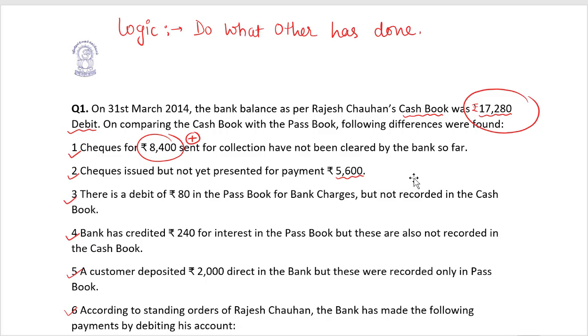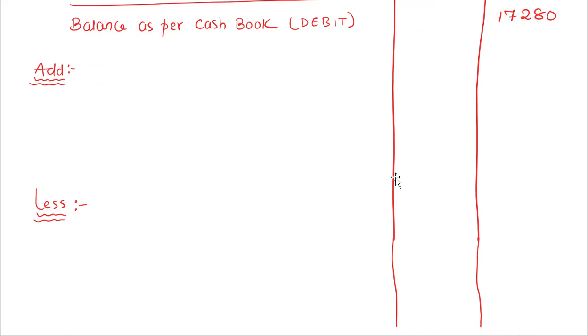So we also need to remove this entry from the cash book. We have already added it, so for removal we need to deduct it. So over here we will write in the less column, check deposited but not cleared, 8,400.